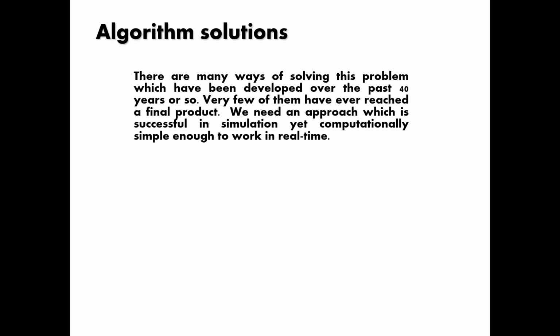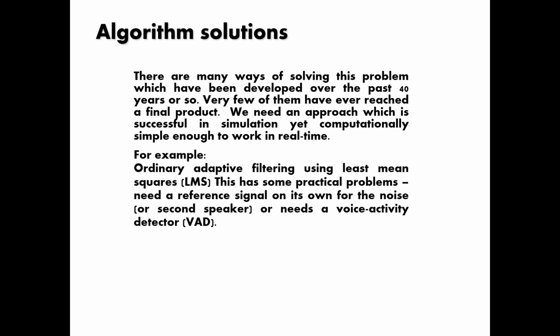And so there's a number of ways to do it. The way, of course, being old, I started a long time ago with adaptive filters using this thing called least mean squares. But if you do that, you need what's called a voice activity detector, which needs to detect the noise on its own.